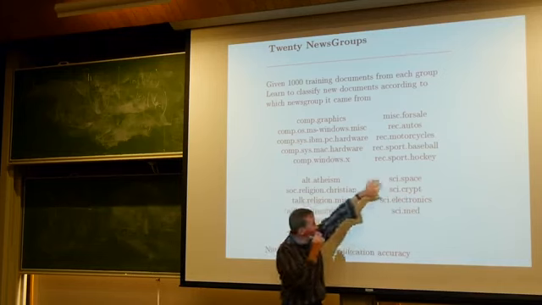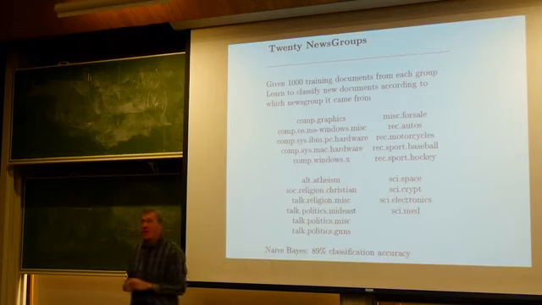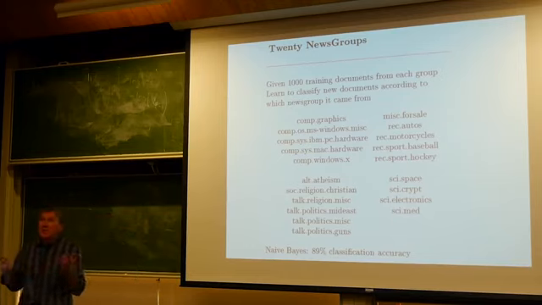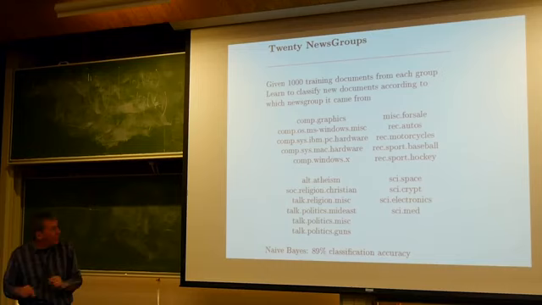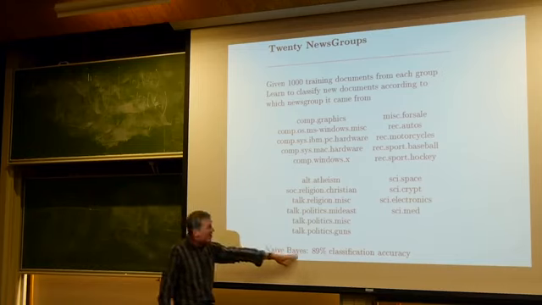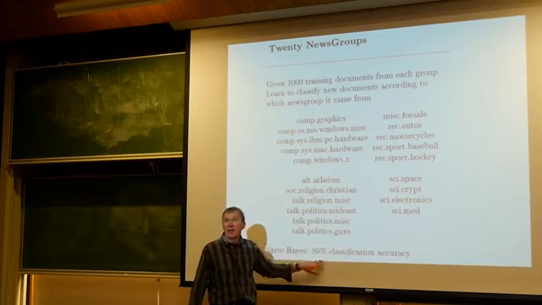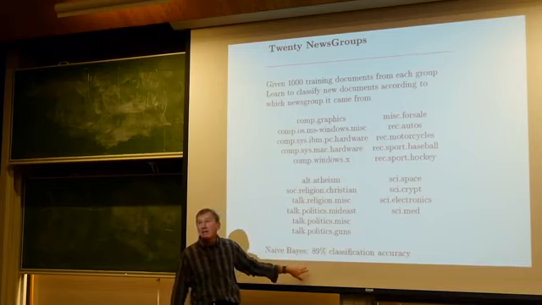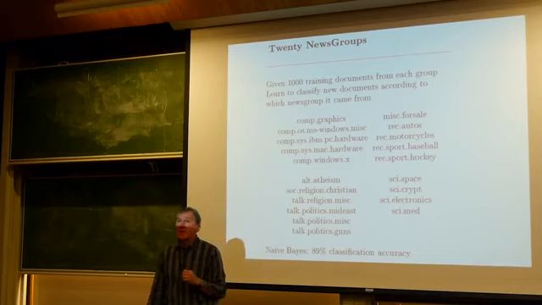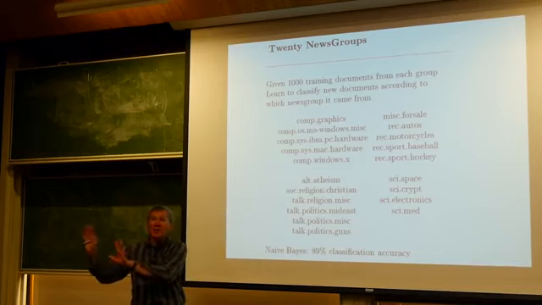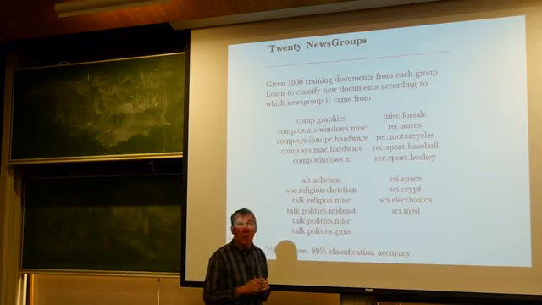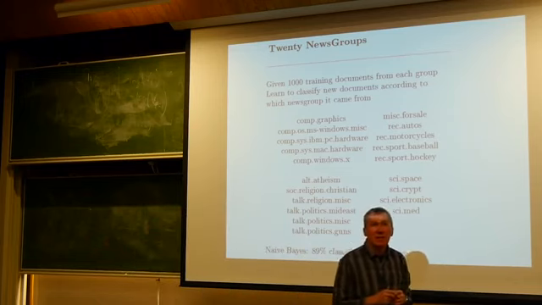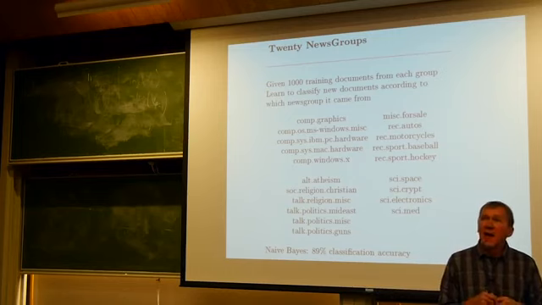Here we're just trying to classify which of these 20 labels or newsgroups any given document came from. In fact, you can train a naive Bayes classifier on this problem and achieve 89% accuracy on a separate held-out set of documents that were not part of the training set. Now, how good is that?